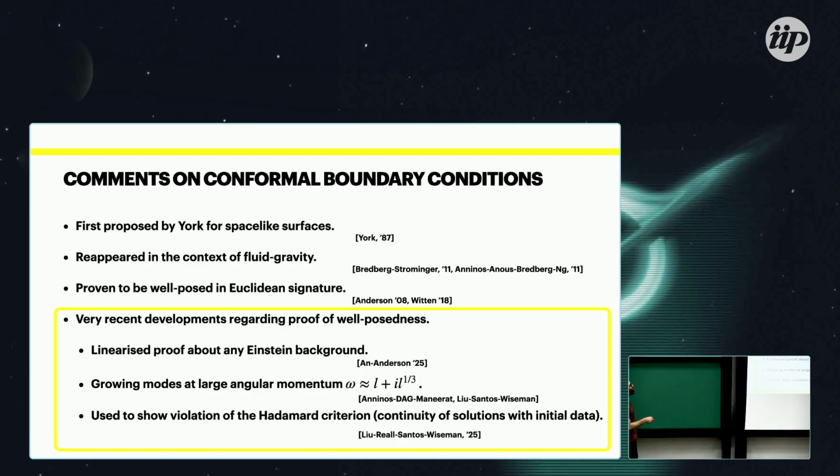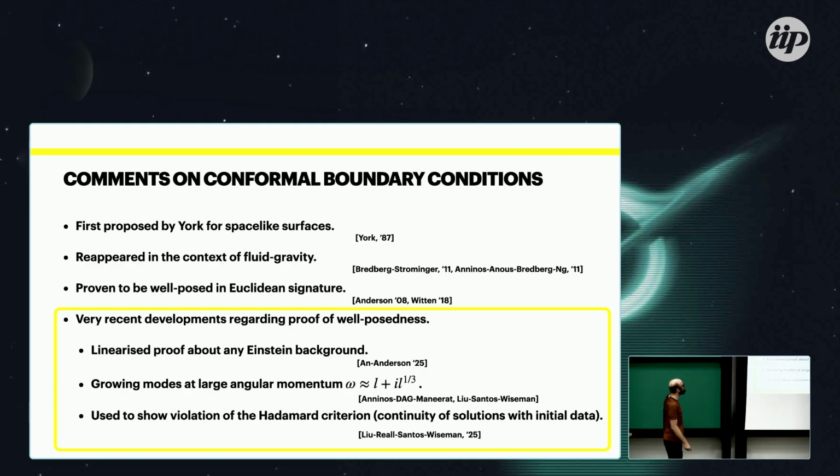And there are some very recent developments on whether this conjecture by Anna and Anderson is true or not. So they published a linearized proof about any Einstein background early this year. But then there's the existence.